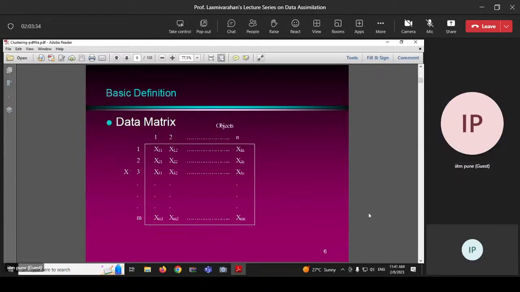So, you got it? M is equal to N times L.